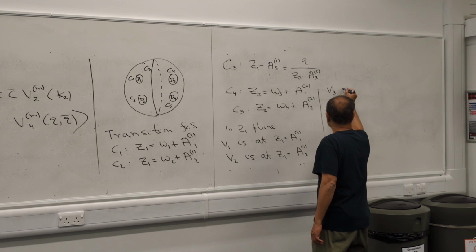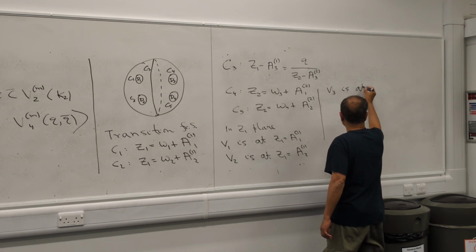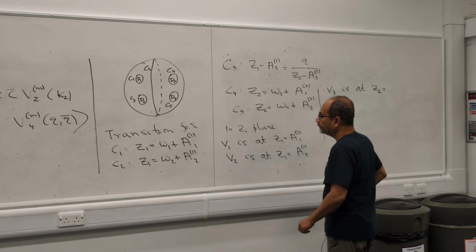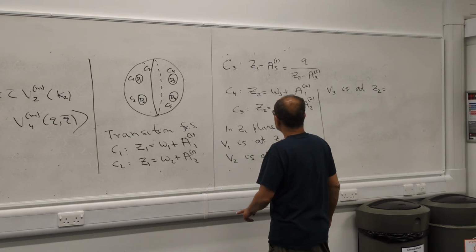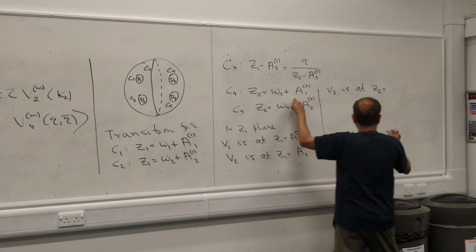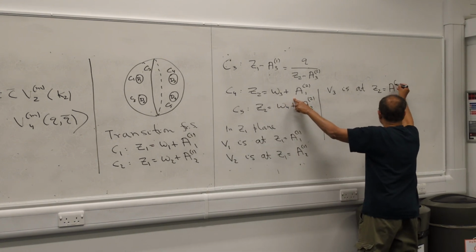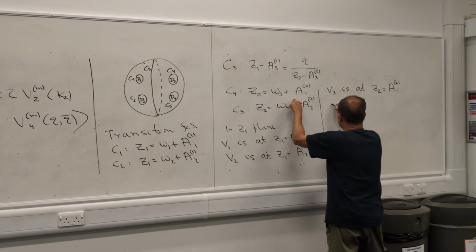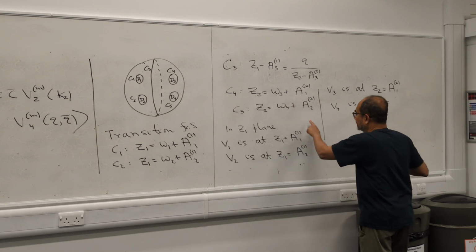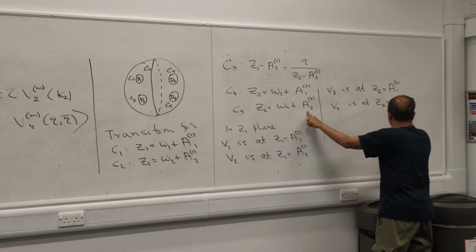V3 is at Z2 equal to A21, and V4 is at Z2 equal to A22.